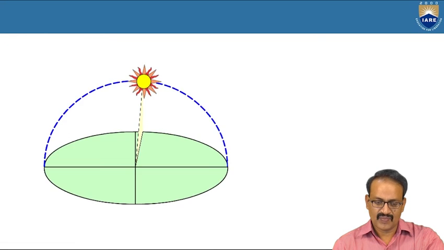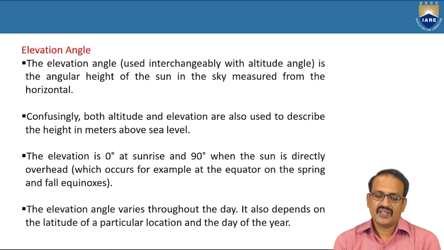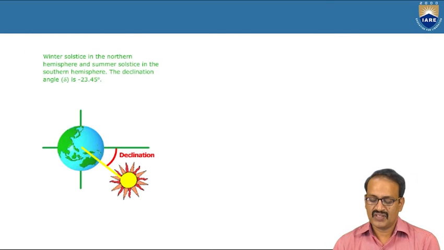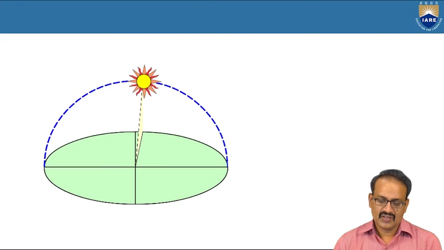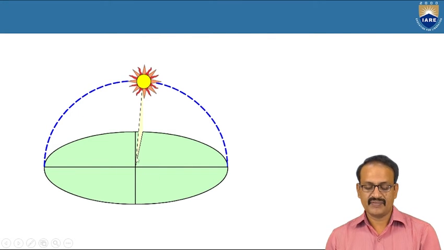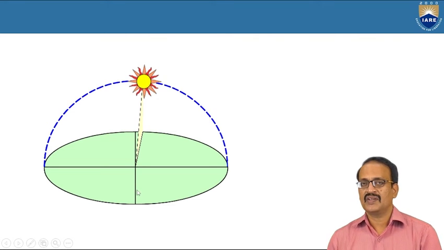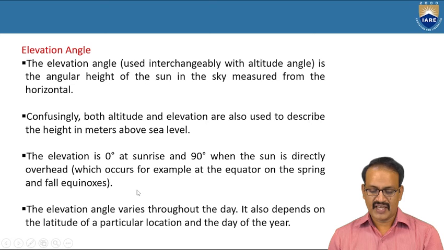You can observe, the elevation angle is the angular height of the sun in the sky measured from the horizontal. Here you can observe, this is the horizontal line. This is the angle between the horizontal and this sunlight. So this is the elevation angle.